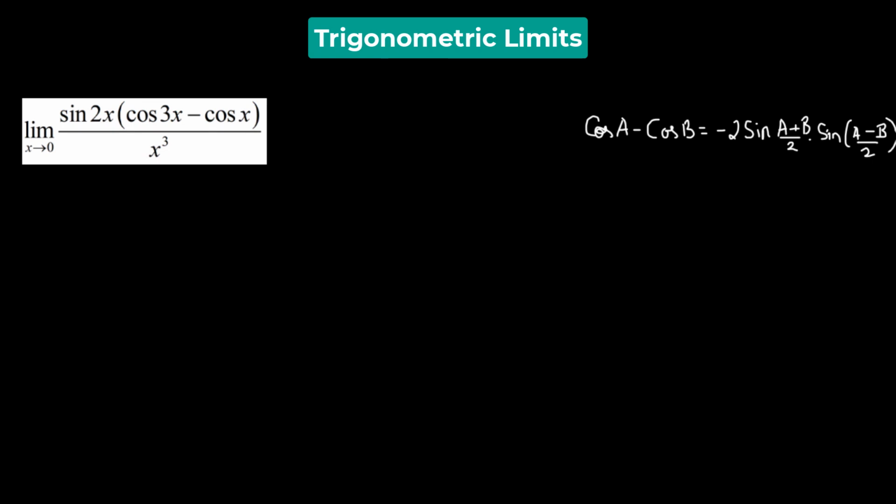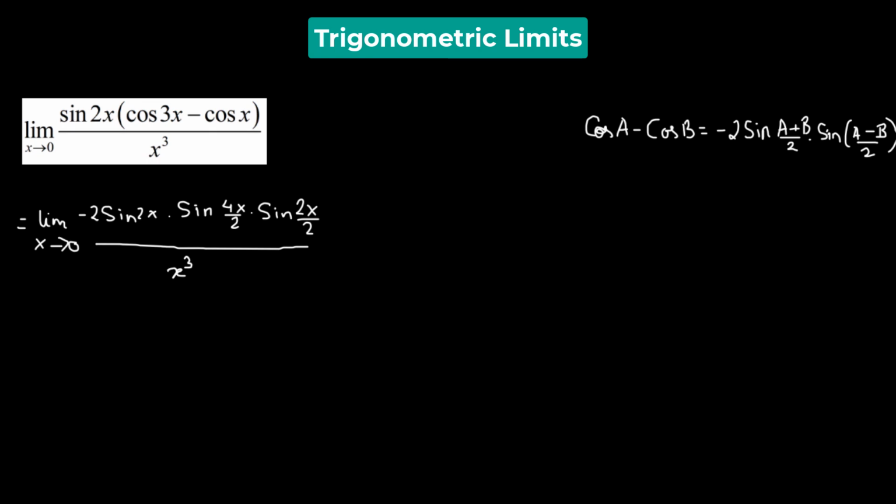So let's apply this identity to our numerator. So we have limit x approaching 0. We have negative 2, so let's write it in the front. So we have negative 2 times sine, so 3x plus 4x is going to give us 7x over 2, times sine of (a minus b) over 2, so 3x minus x is going to give us 2x over 2, divided by x cubed.